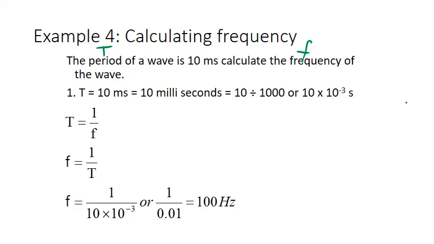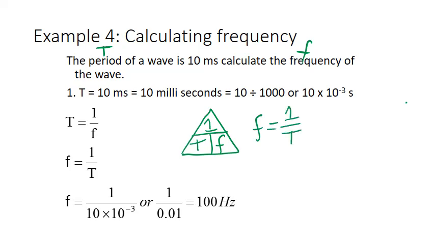Write the formula, then we've got to change it around. Remember, you can still use that in a triangle, T there, 1 there, F there, cover up F, and you get 1 divided by the period. Substitute in your numbers, making sure it's in seconds, and you get your frequency. This is quite common for a multiple choice type question.